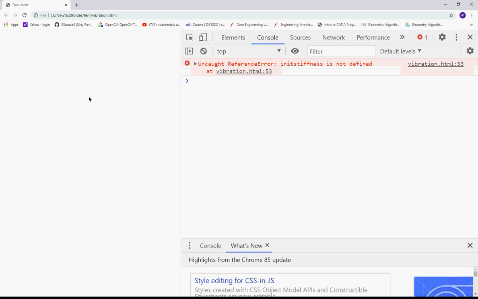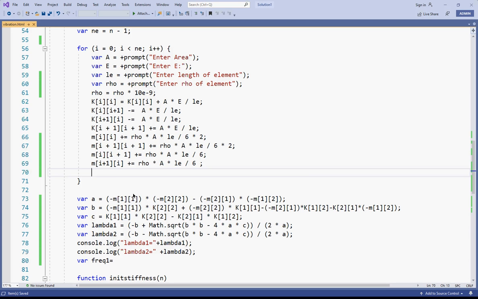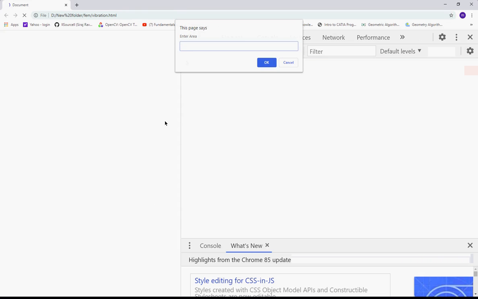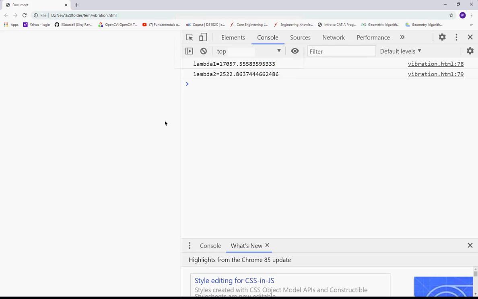Okay, let's try one more time. Area 100, E2 E5, length 1000, row 7800, area 50, 2E5, length 1000, row 7800.